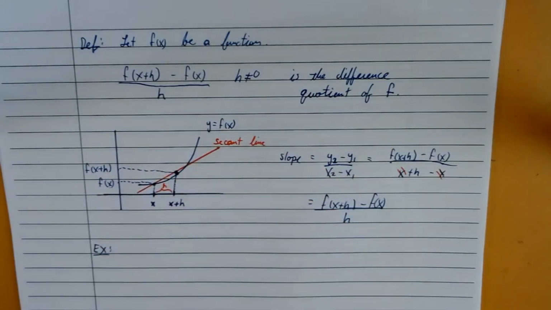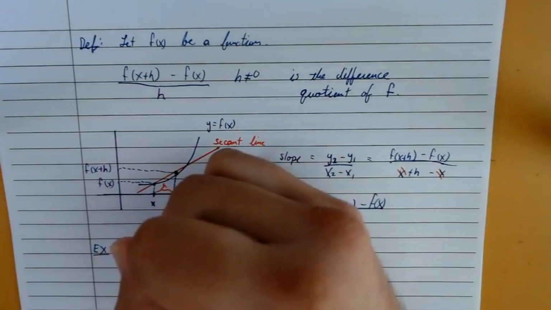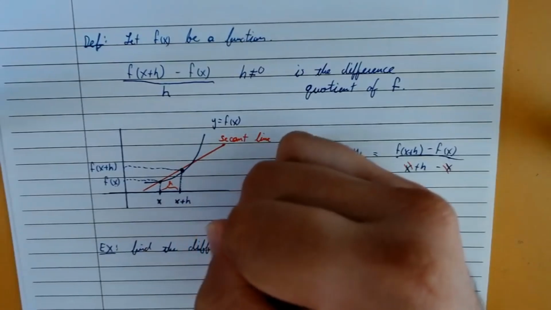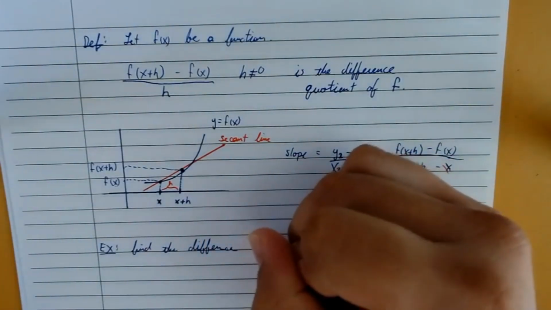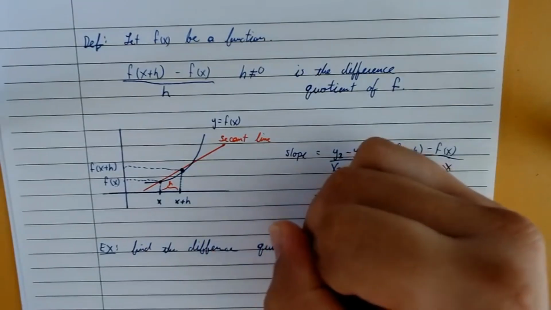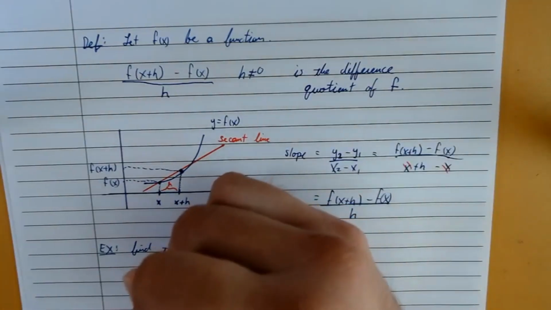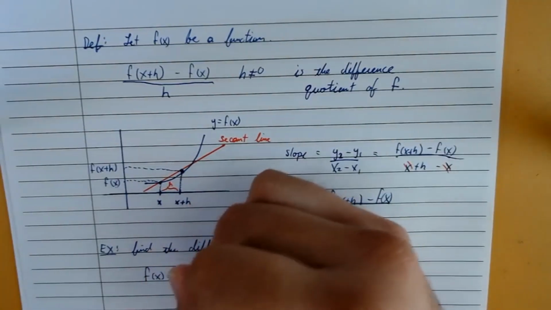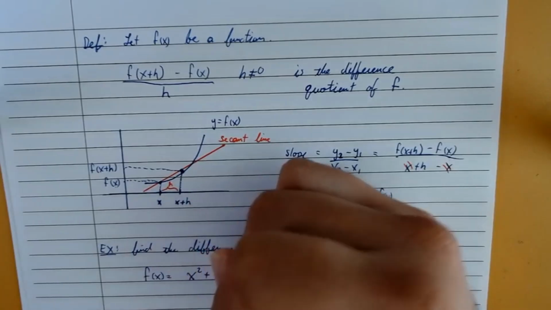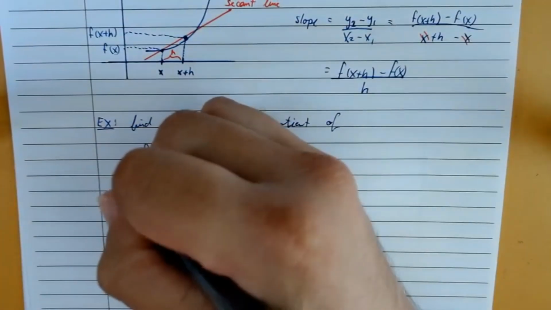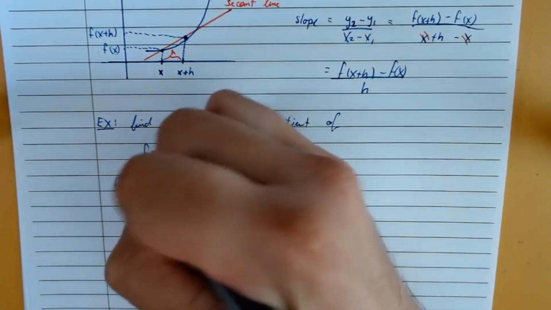Let's take a quadratic. So let's find the difference quotient of, let's say, f of x equals x squared plus 5x. Okay. All right, so let's go ahead and give this a try. We're going to find f of x plus h first of all.